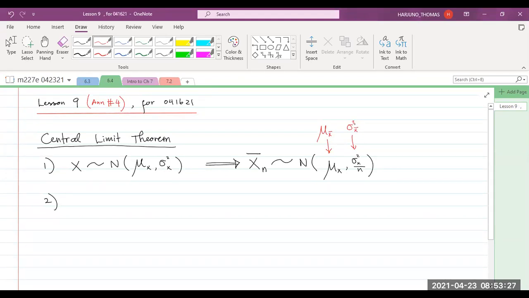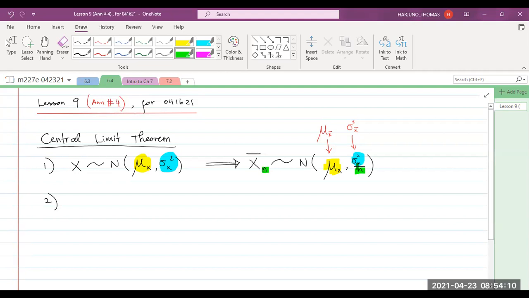Okay, now from 6.3, we already learned that if you have a random variable whose mean is mu and variance is sigma squared, then the sampling distribution of the sample mean will have the same mean, and the variance of the sampling distribution will be the same variance divided by the sample size.